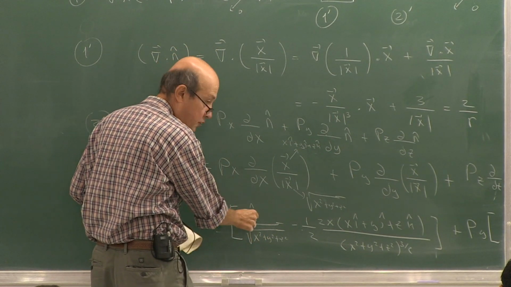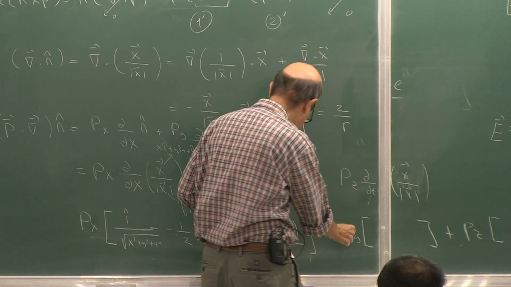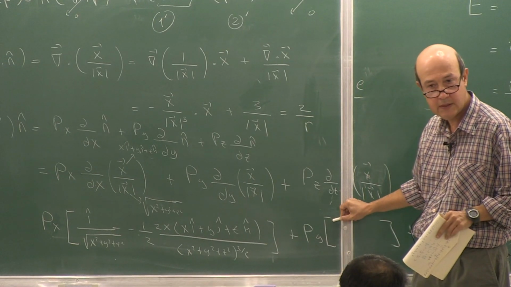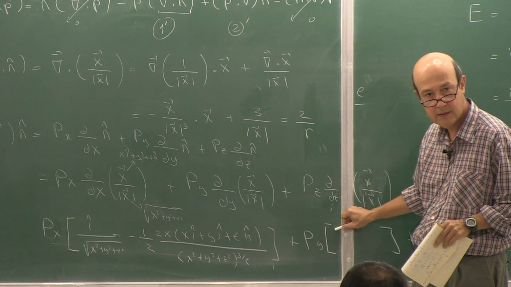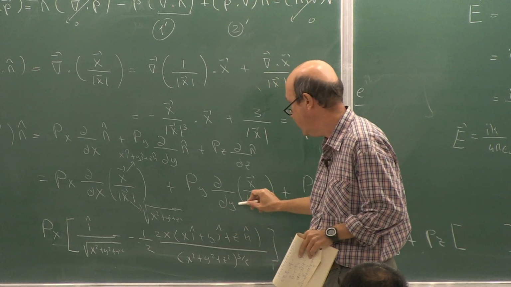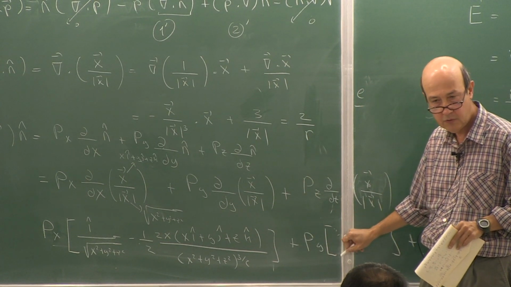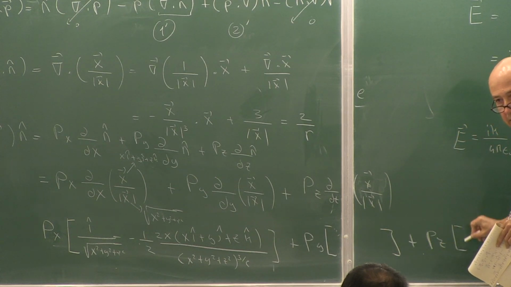This is px over r. You will have here what? Py. What will be this term in the bracket? If you take the derivative with respect to the second one, that will be j over r, and this one will be k over r.